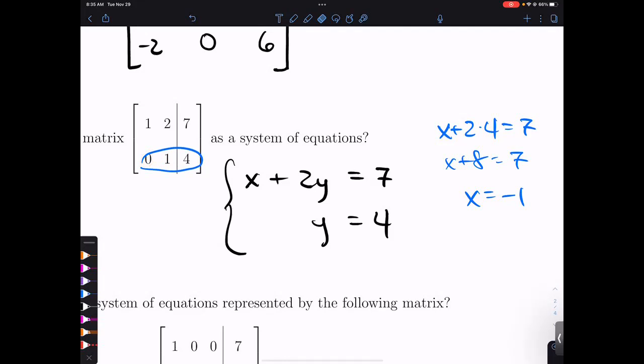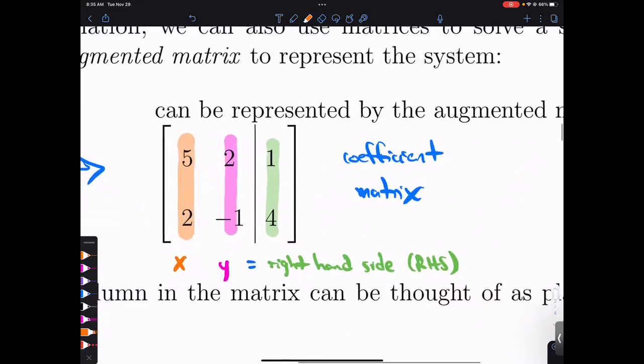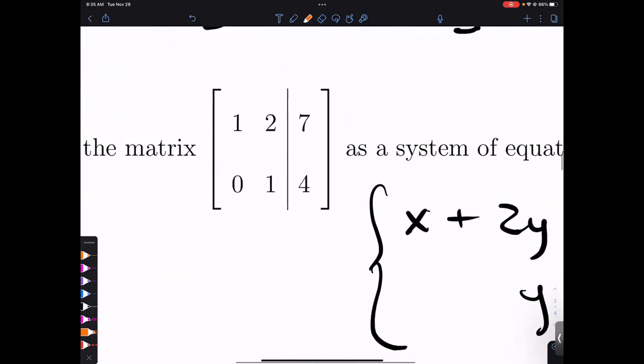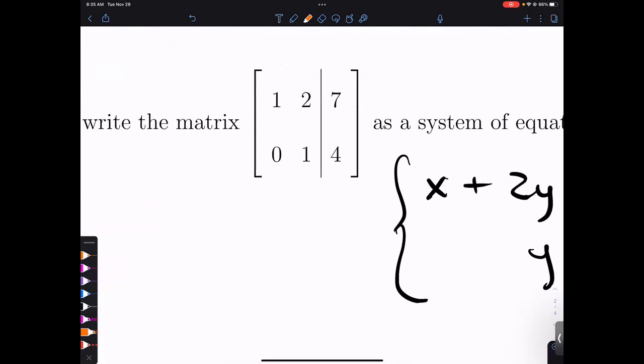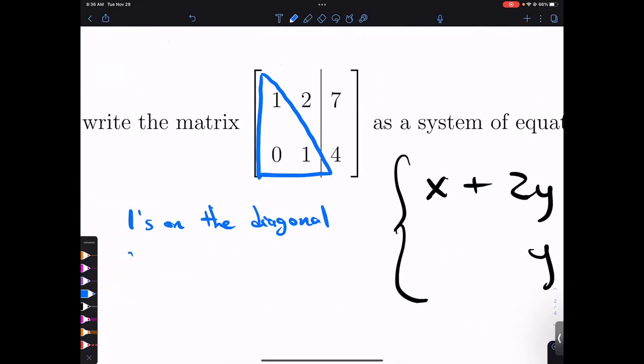What that means is that if I can take a matrix that's given to us, like if I can take a matrix like this and make it look like this, then we're in good shape, right? The thing that we're kind of looking at here is this sort of lower triangular thing where you have 1s on the diagonal, zeros underneath.